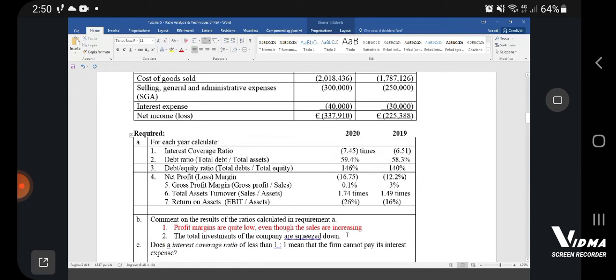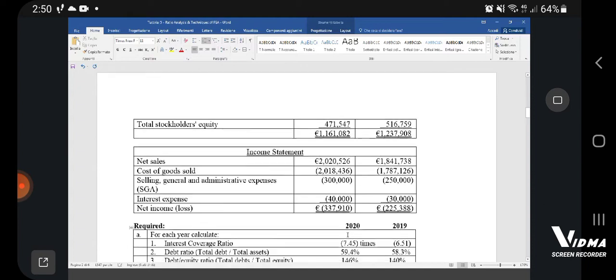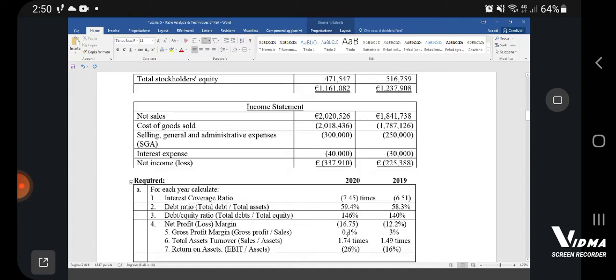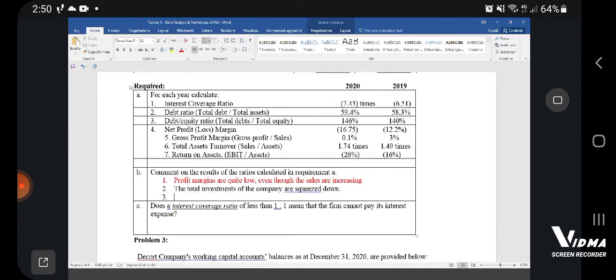Something else to add that you may have noticed during the ratios? The financial structure, what would you think about the financial structure? Seems okay, under control, something to worry about? Seems close to optimal.